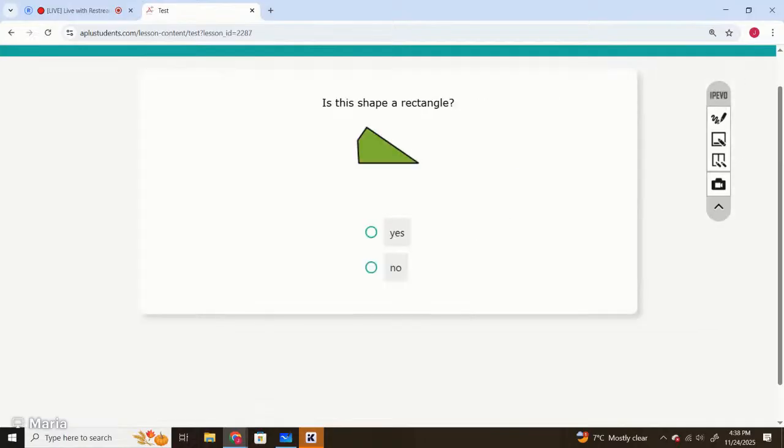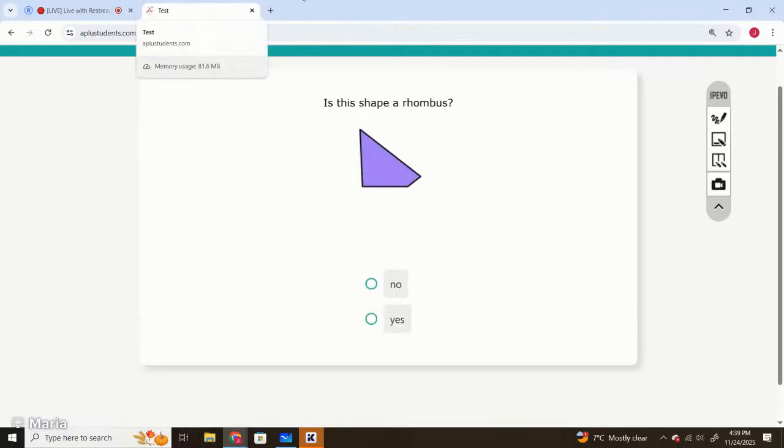Is this shape a rectangle? No, that is not a rectangle. Is this shape a rhombus? No, that is not a rhombus.